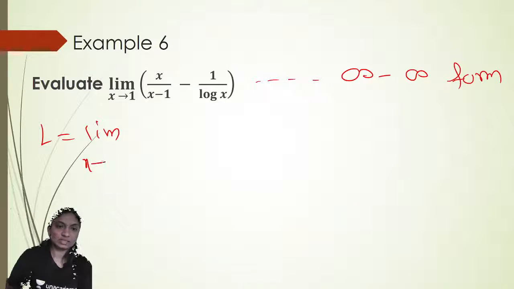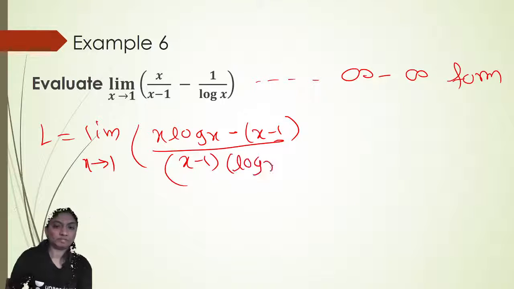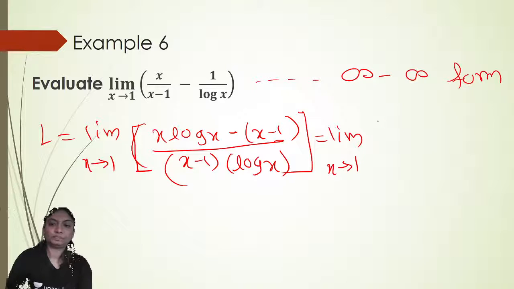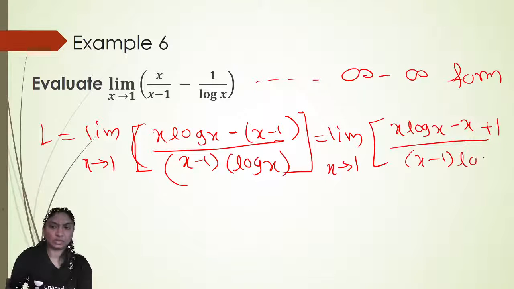So the limit as x tends to 1 of x log x minus x minus 1, upon x minus 1 into log x, which equals the limit as x tends to 1 of x log x minus x plus 1, upon x minus 1 into log x.